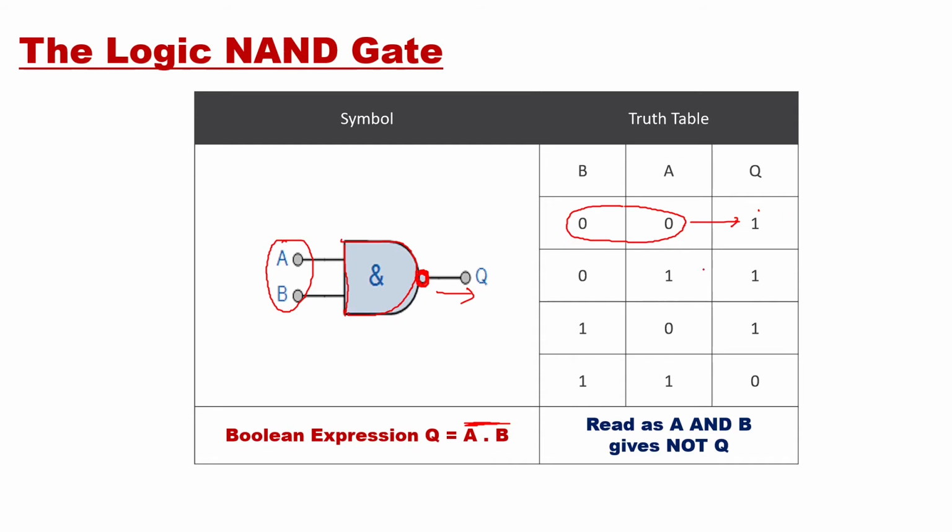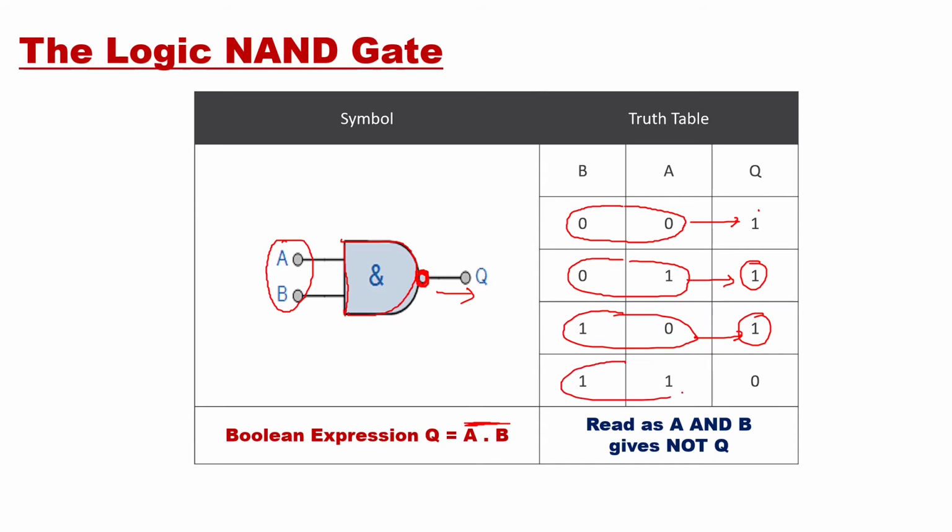Similarly, when the input is 0 1, in the AND gate the output was 0, but here the output will become 1. Similarly, when the input is 1 0, in the AND gate the output was 0. Now what will it be here? It will be the opposite of that, the complement of that, that is 1.